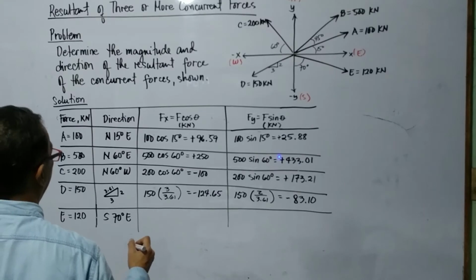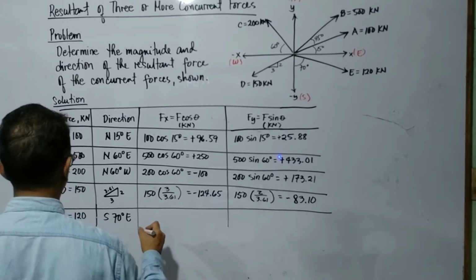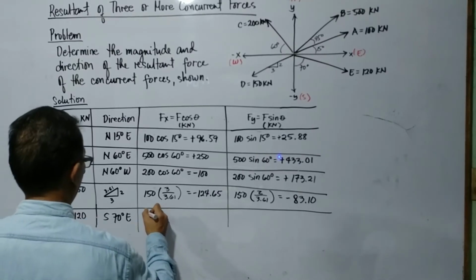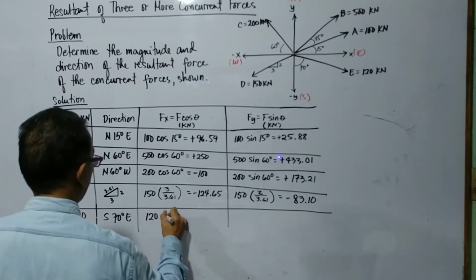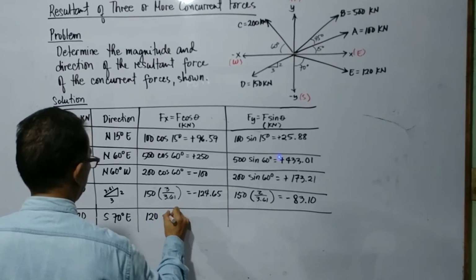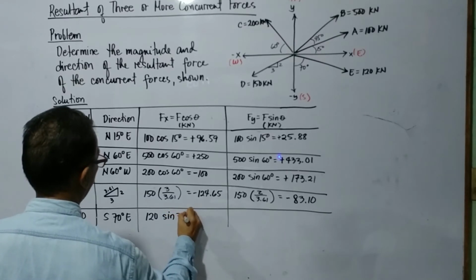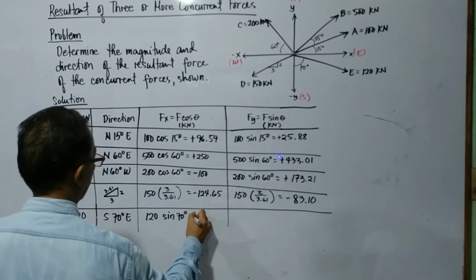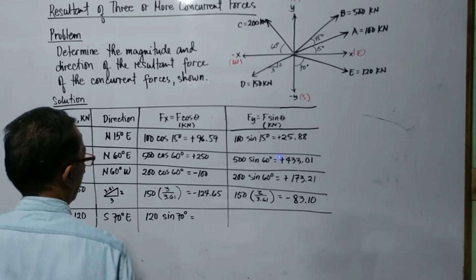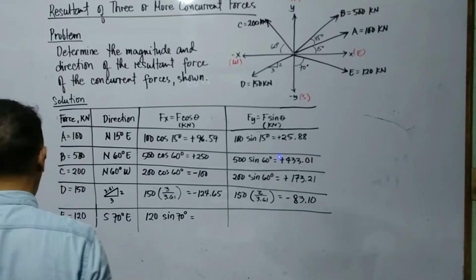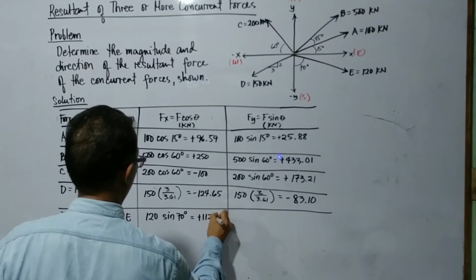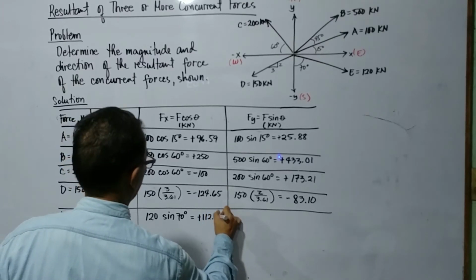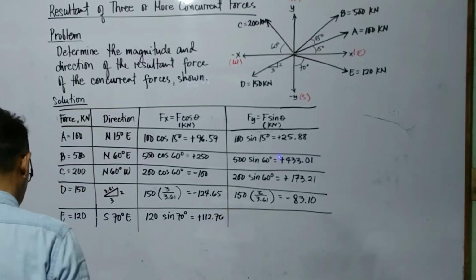So we have 120 sine 70 degrees equals positive 112.76.